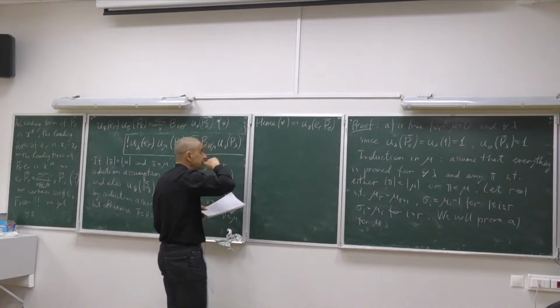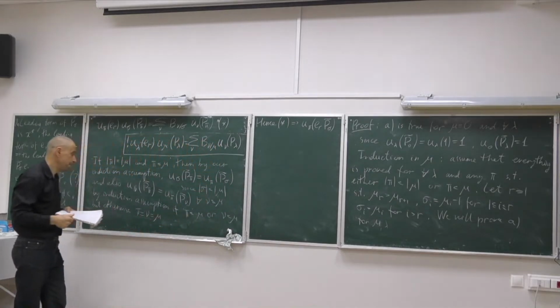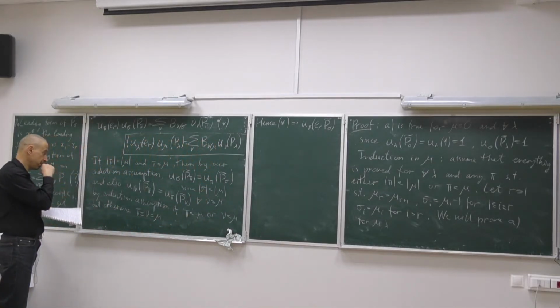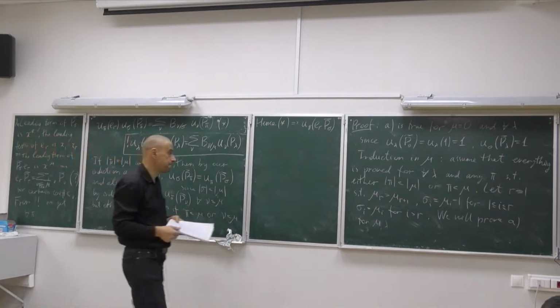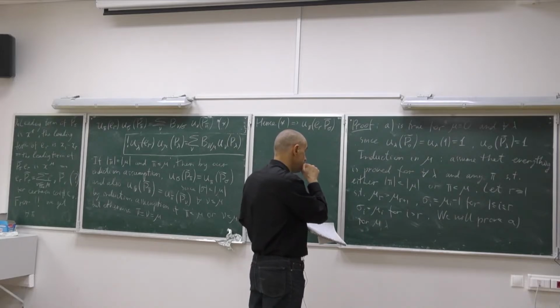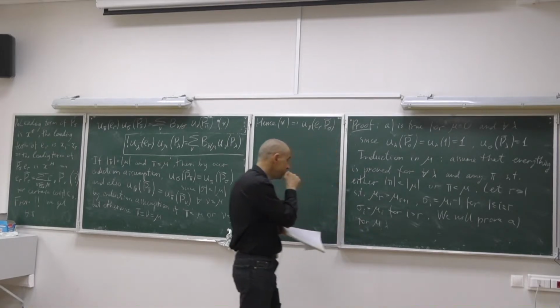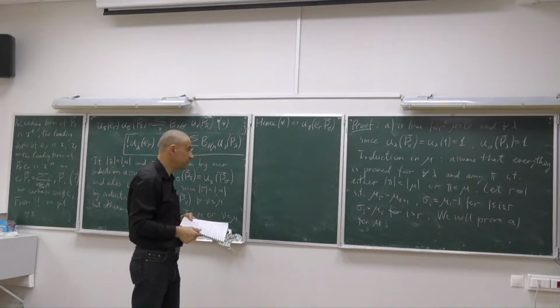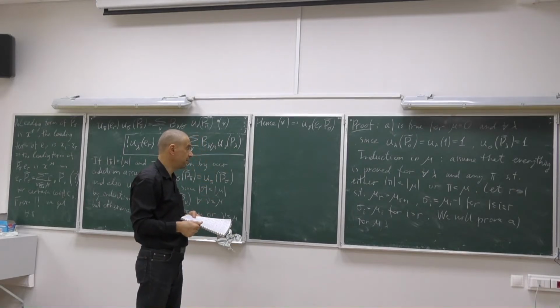Are these all smaller, or also in lexicographical order? Larger. But for lexicographical order, I don't even need to assume that the size is smaller.